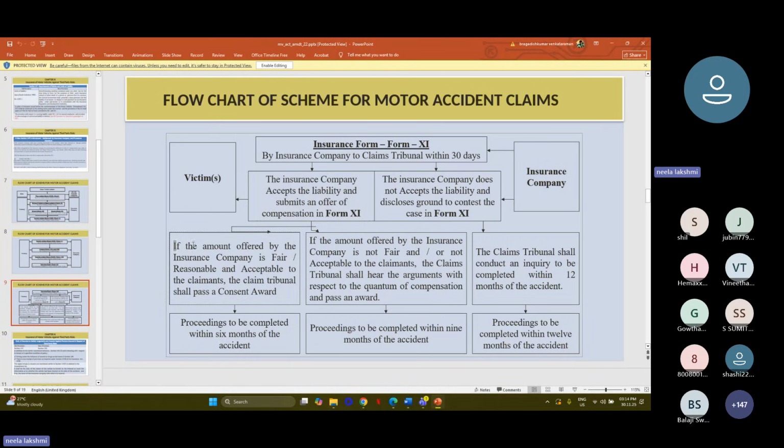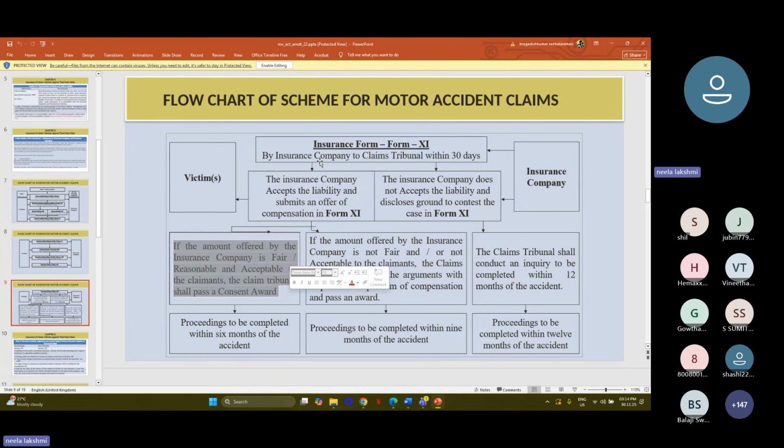The first situation is it would offer an amount. If the company is ready for settlement, after thoroughly scrutinizing the documents and investigation, it comes to the conclusion that the claim is settleable, it would offer an amount to the claimant.